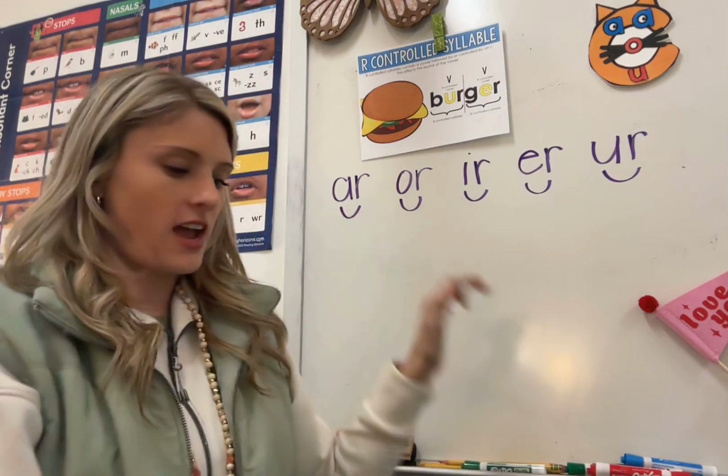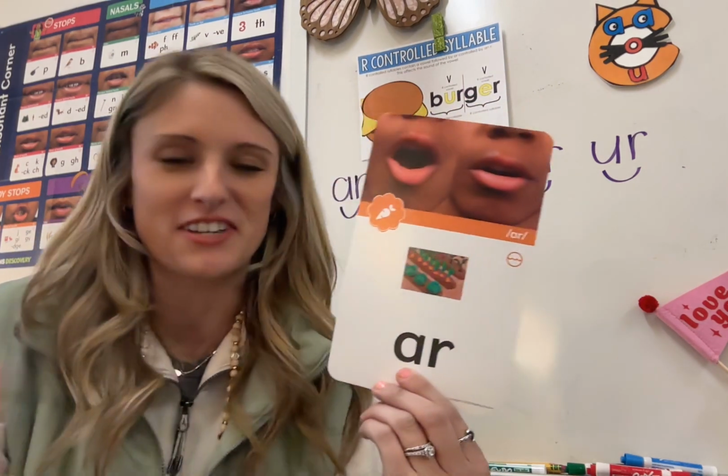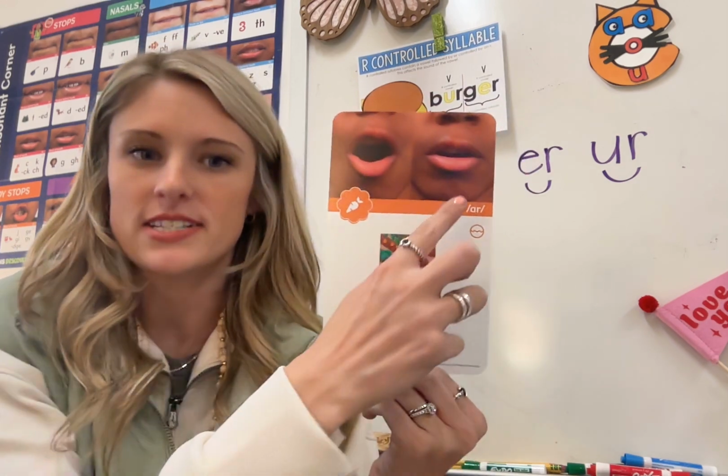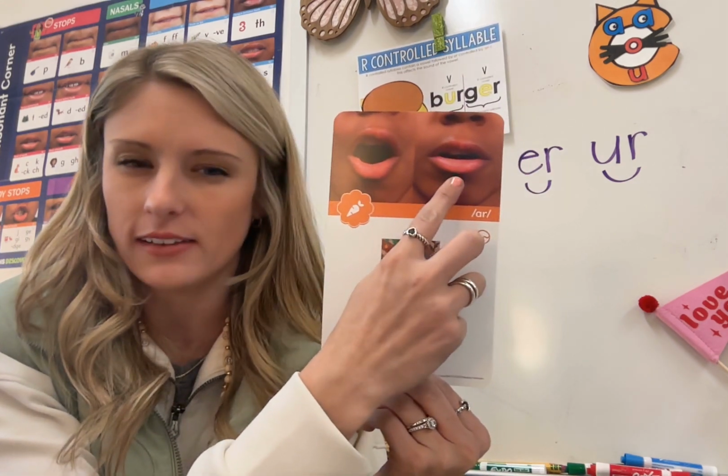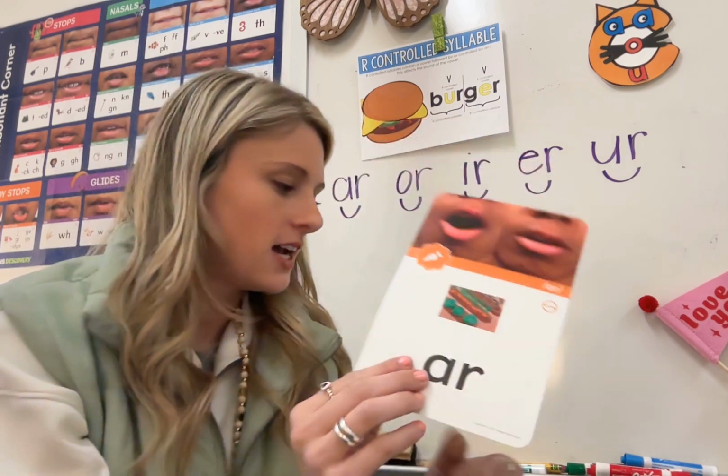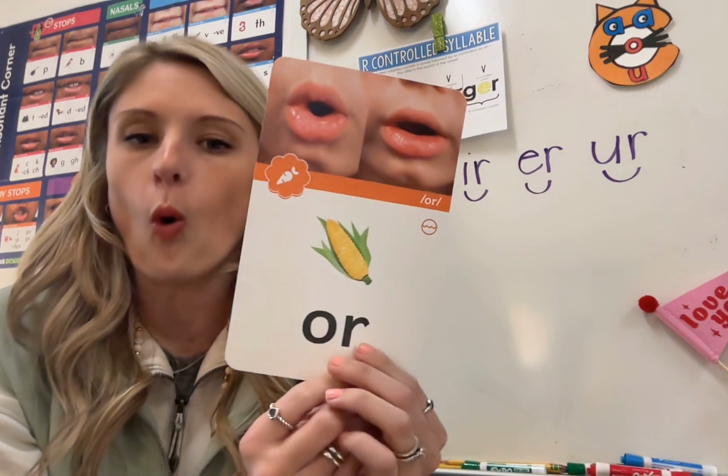So let's start off with AR right here, okay? Looking at this mouth, notice how our mouth moves when we're saying this sound. It's a different way to look at how our mouth is formed. Notice how it starts off slightly closed and it opens up a little bit. Looking at this, OR, and notice what the mouth does here.